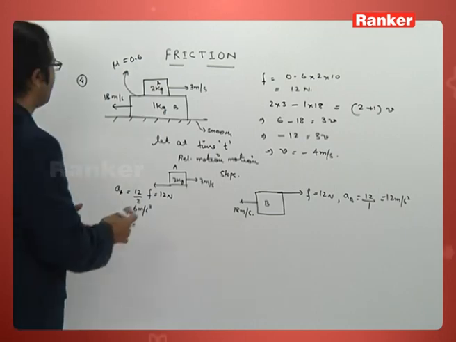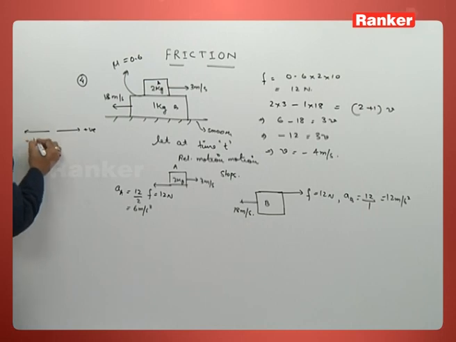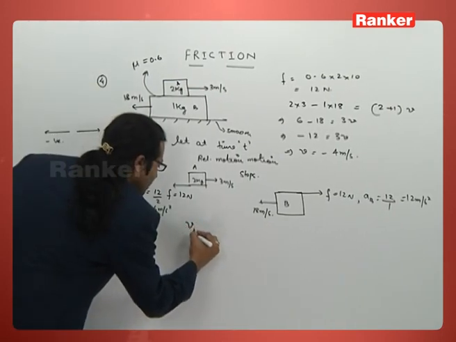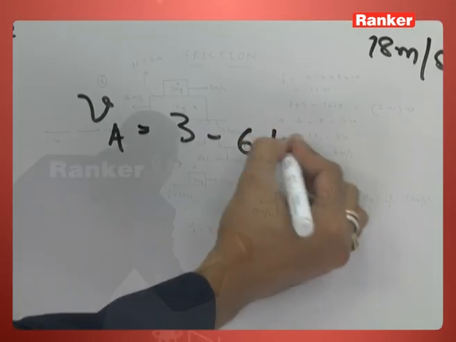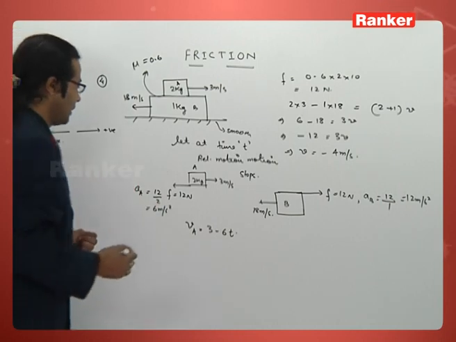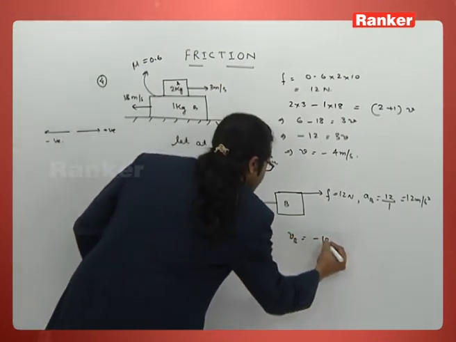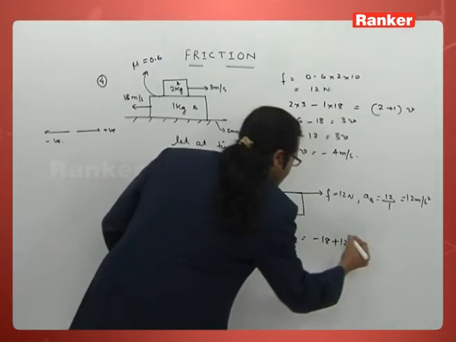We will take this direction as positive, this as negative. So the velocity of A will be 3 minus 6t, and the velocity of B will be minus 18 plus 12t.